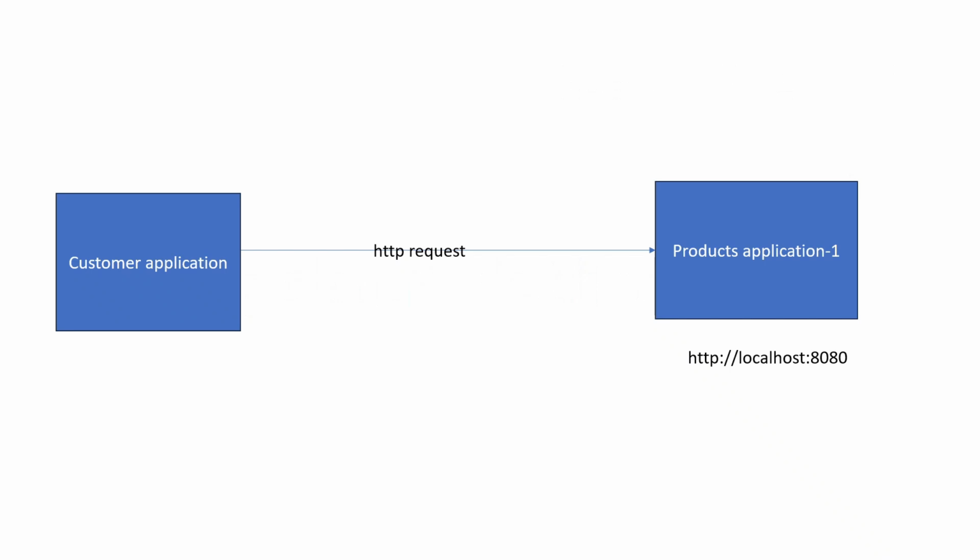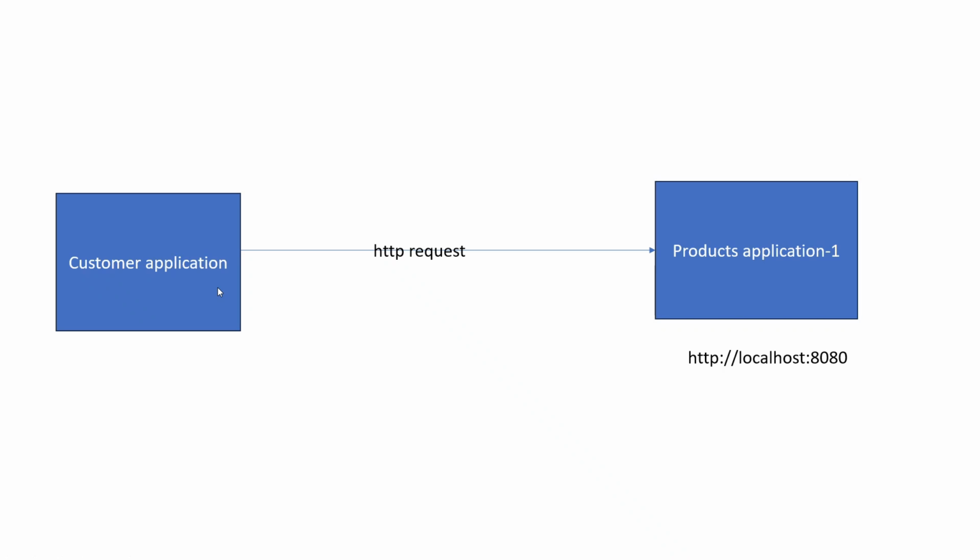When the customer application sends an HTTP request to the products application, the URL needs to be configured in the properties file in the customer app in order to establish the communication between these two applications.